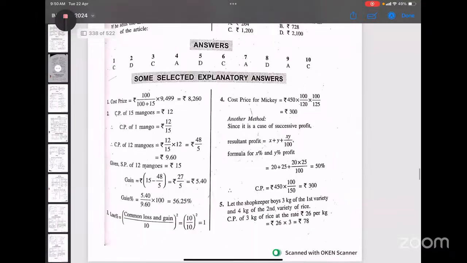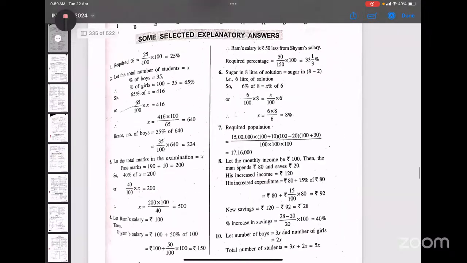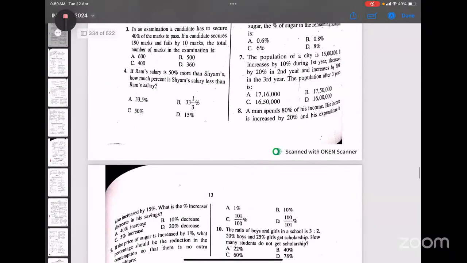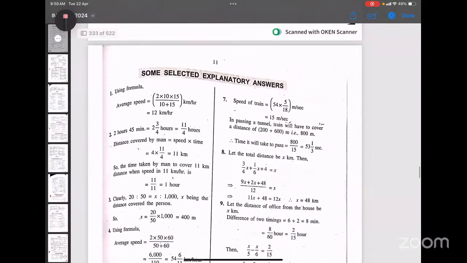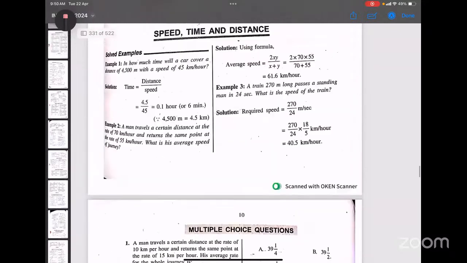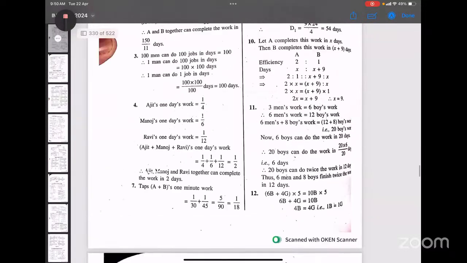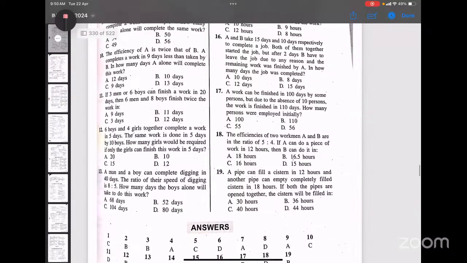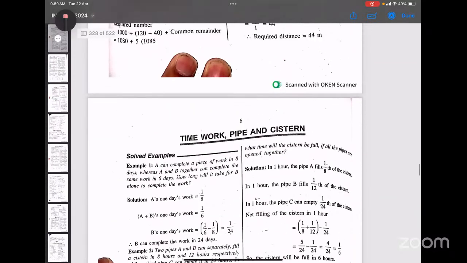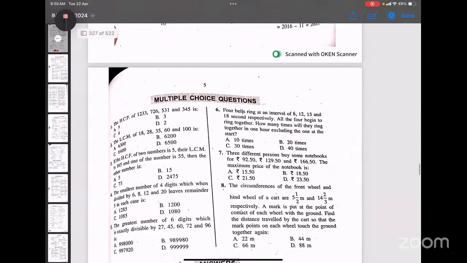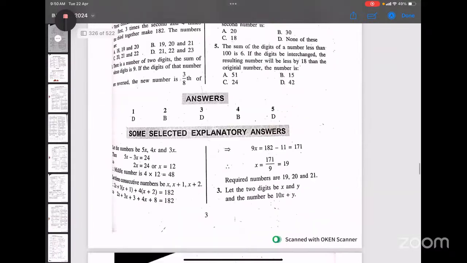Profit and loss. Profit and loss, HCF, LCM.